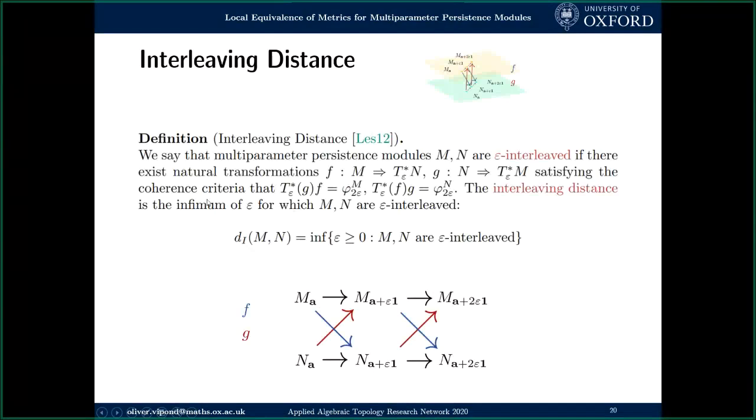Yes, so the first distance which I'm going to consider on these multi-parameter modules is the interleaving distance, which Lesnick generalized from one parameter modules to multi-parameter modules in his PhD dissertation.